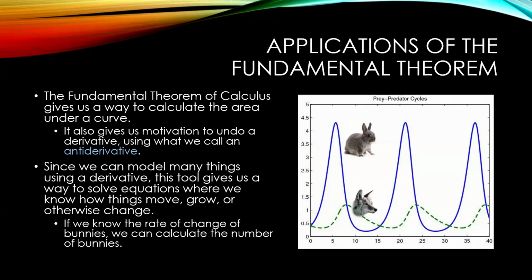And so since we can model many things using a derivative, this tool gives us a way to solve equations where we know things about how things move, grow, or otherwise change. If we know the rate of change of bunnies, we can calculate the number of bunnies. If we know the rate of change of wolves, we can calculate the population of wolves.